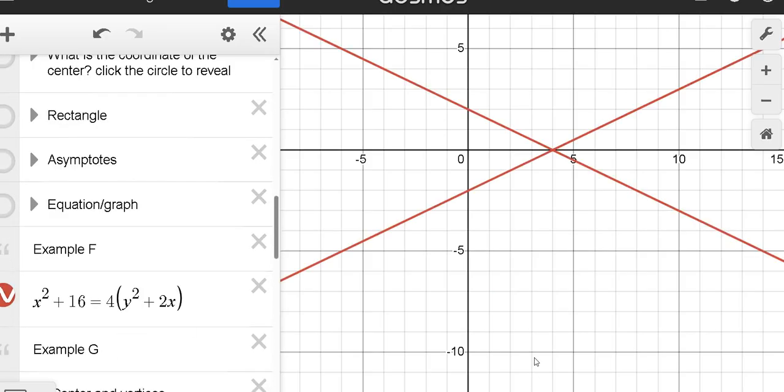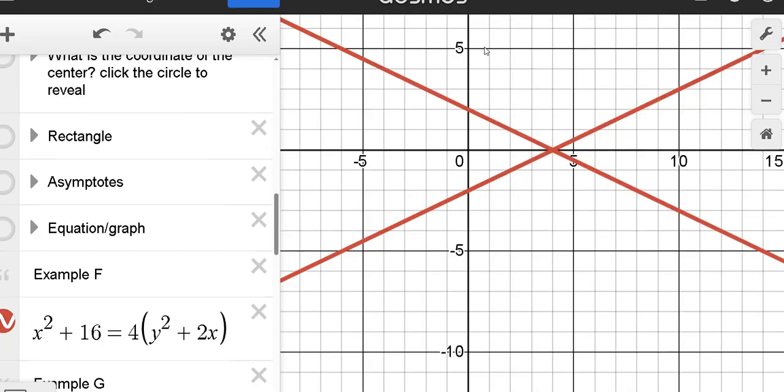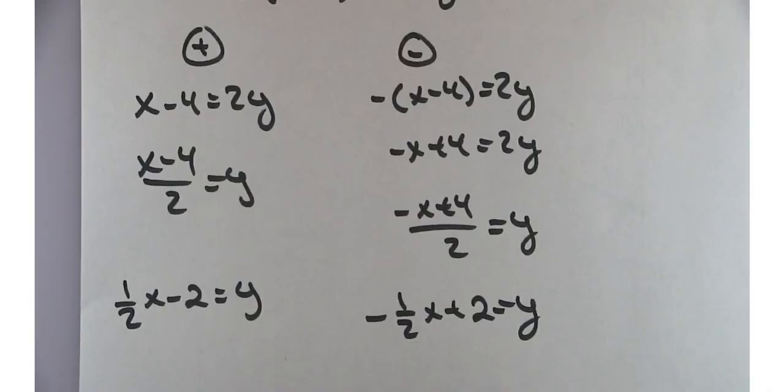Bam. Just two lines, right? That's all there is. So this is what's called a degenerate conic. It's like someone who dropped out of school and didn't do much with their life. It's a degenerate conic. All right, so that can happen. It's not the typical problem that I'm going to ask, but you might see one like that in your homework. If you do, you won't be surprised.